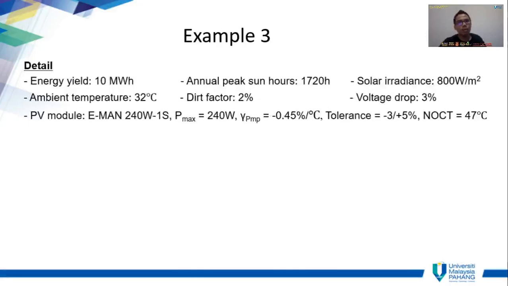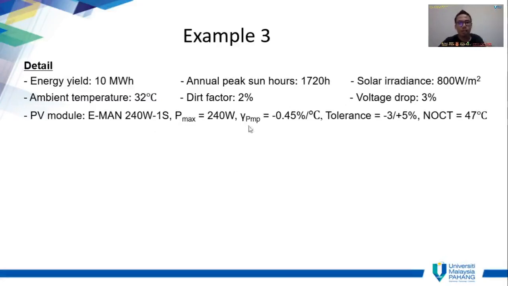Let's assume we have the details: energy yield 10 megawatt hours, annual peak sun hours 1720 hours, solar irradiance of 800 watt per square meter, ambient temperature of 32 degrees C, dirt factor 2% and voltage drop 3%. We have a PV module where the Pmax, or PMP, or P mod STC, is 240 watt.